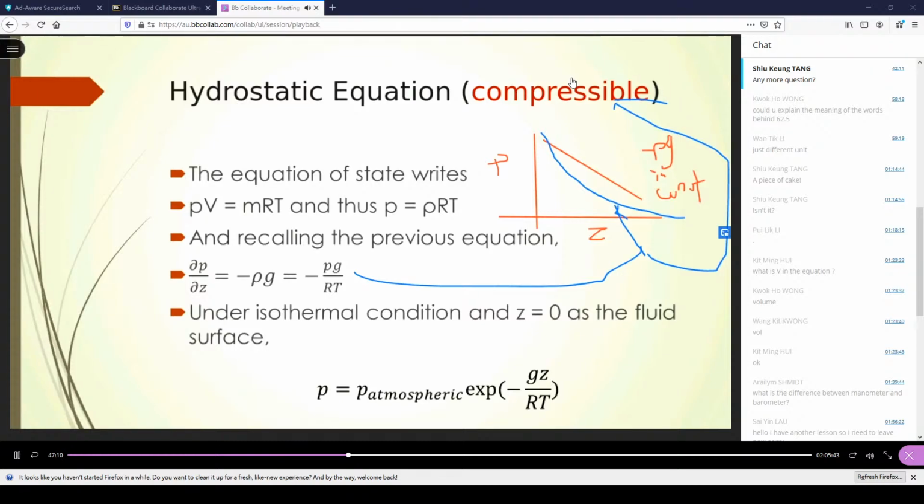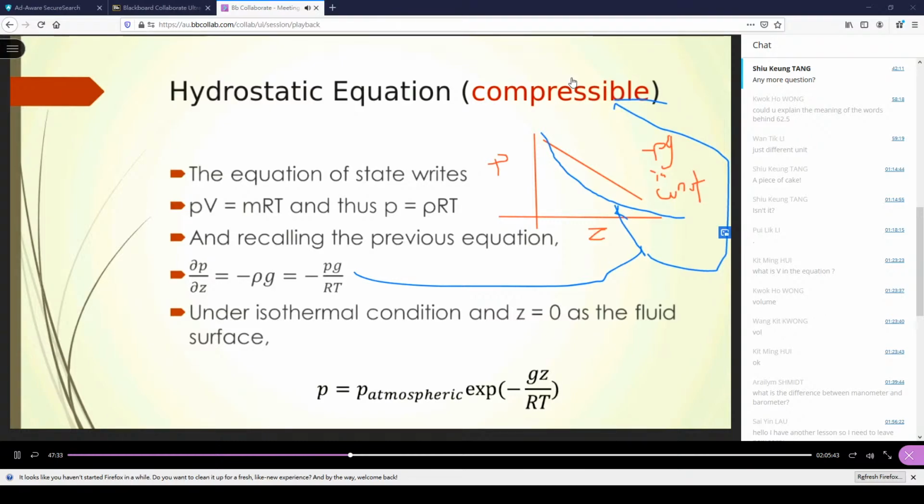But if we are given a function of T variation with z, then the equation can still be integrated. But this is out of our scope, in our building services or building application.